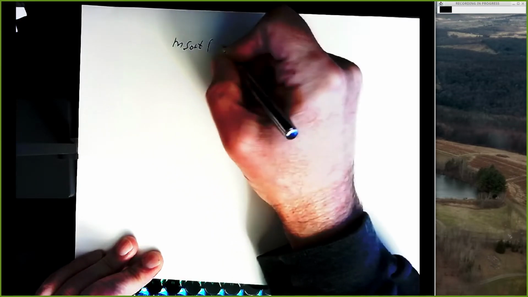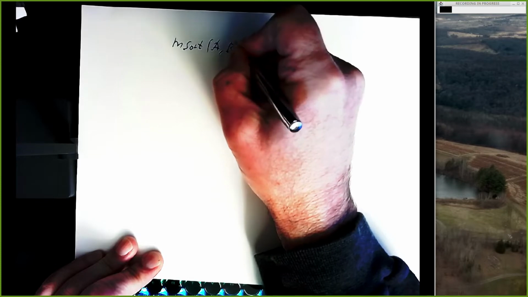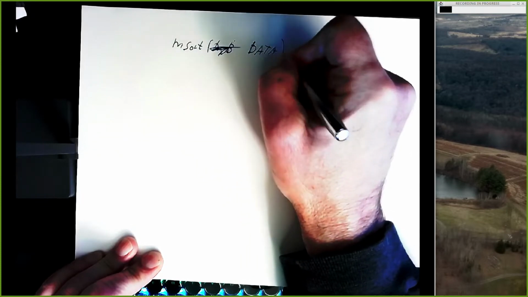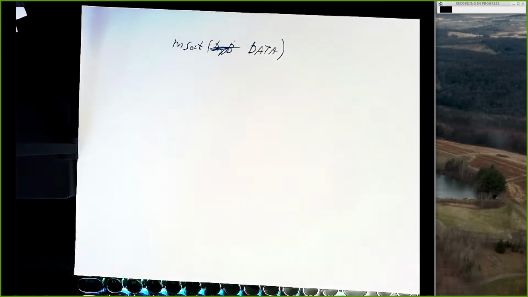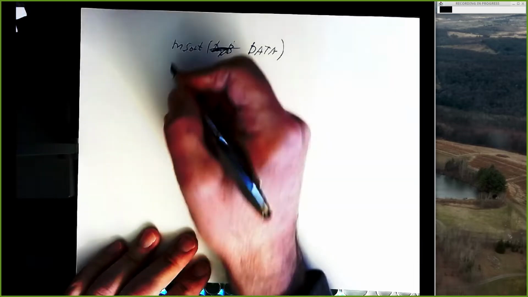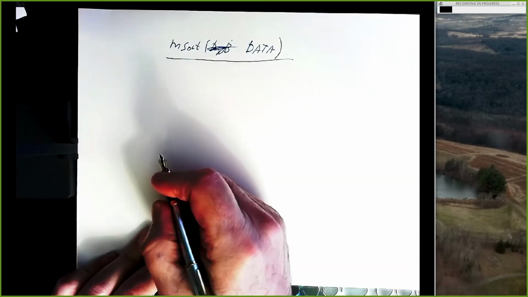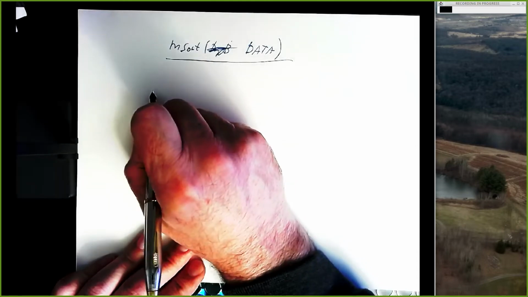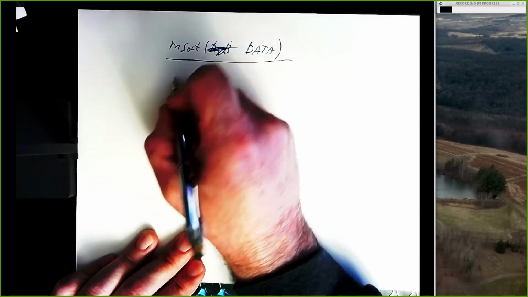So I'll call this m sort. And I'll just make data. So this will be pseudocode. So data is my collection of data. I got a few steps.